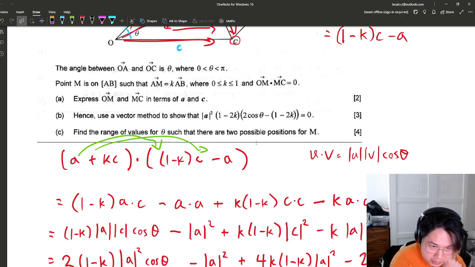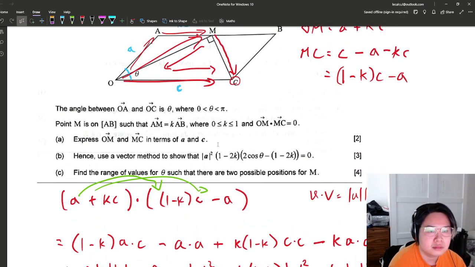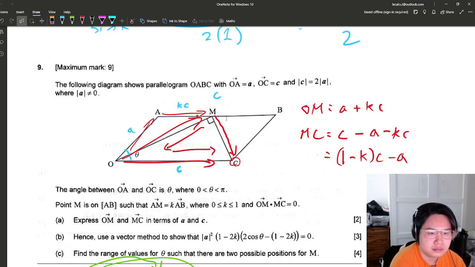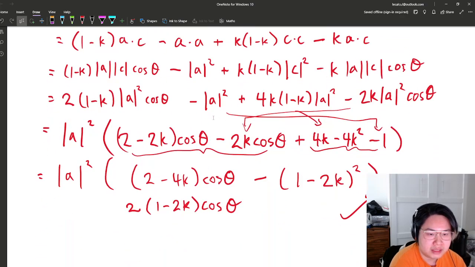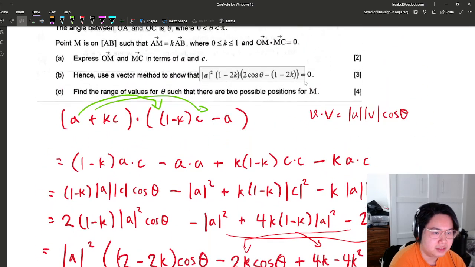Find the range of values of theta such that there are two possible positions for M. You mean like... Okay. Well, luckily, they gave us this factored equation. And we know that this should always be 0.